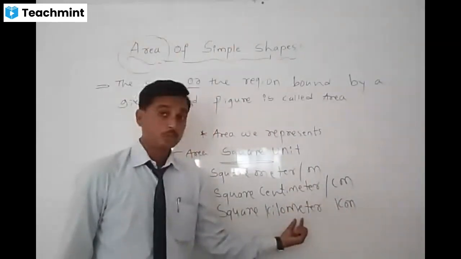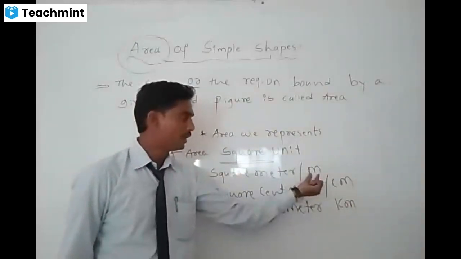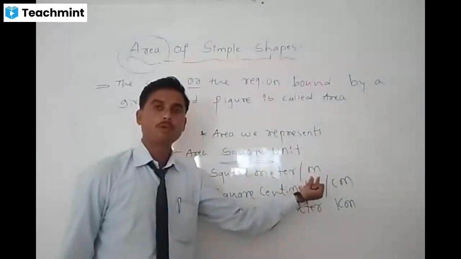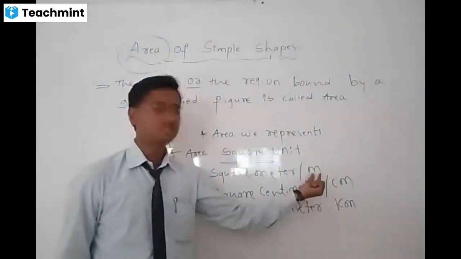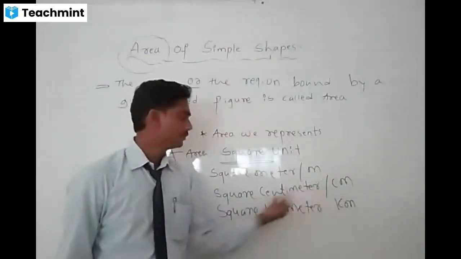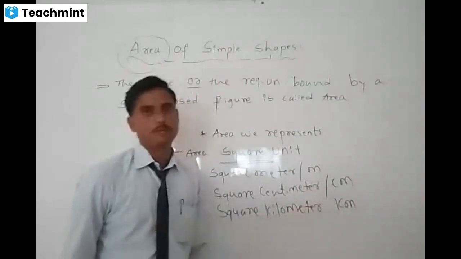Dear students, remember the short form of meter is m. Square meter is m squared, square centimeter is cm squared, and square km means square kilometer.